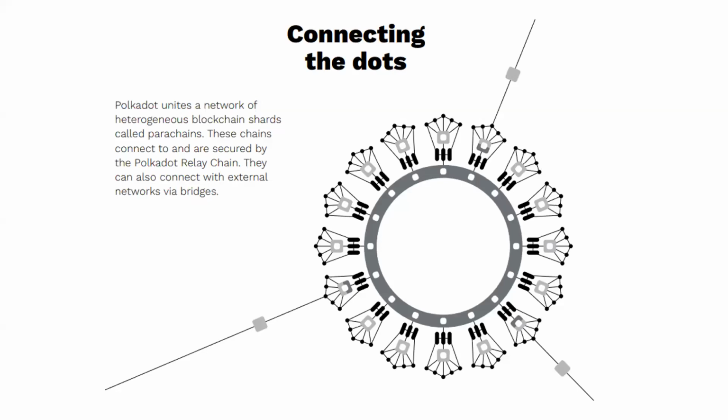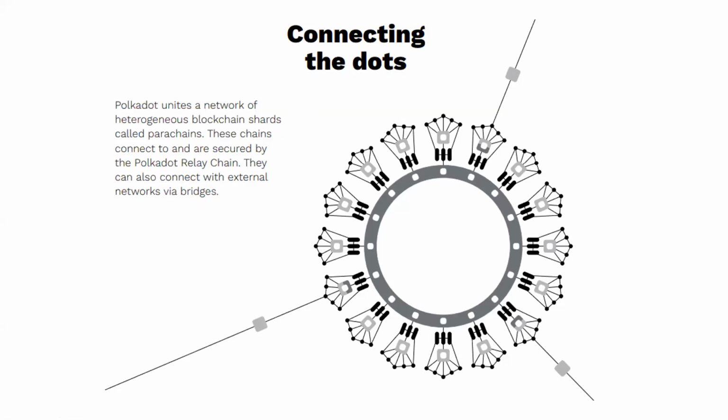So Gavin Wood, who was a co-founder of Ethereum, came up with some of the problems while they were working on the project, and then he founded the Web3 Foundation and started the Polkadot project.